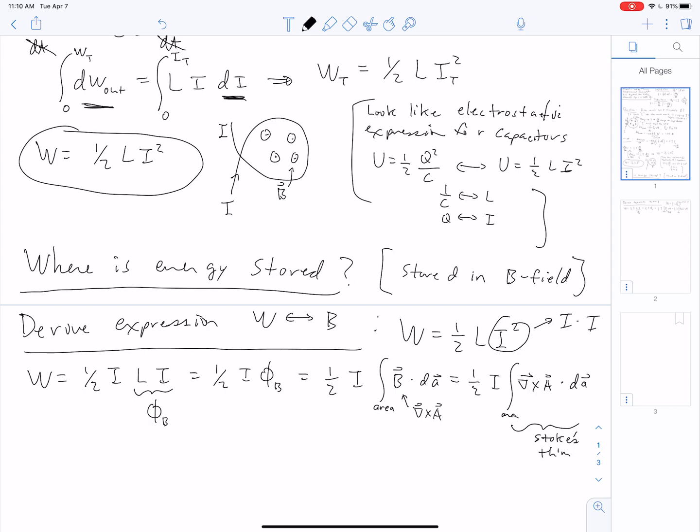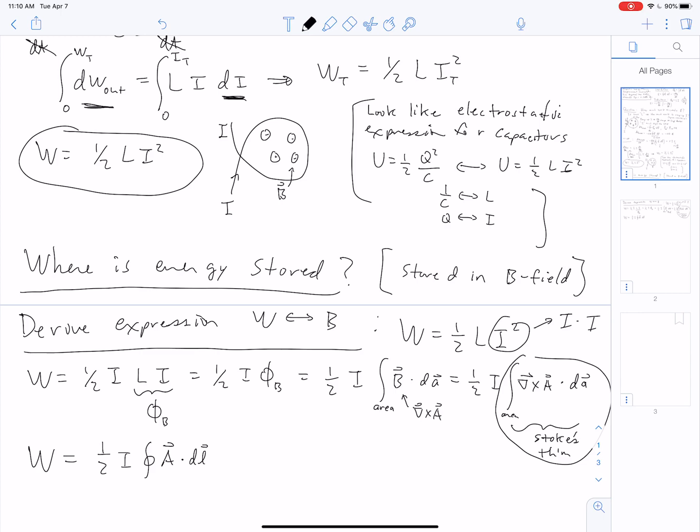So let's do Stokes' Theorem, and so that means then we can write the energy to ramp up the current in that inductor is going to be 1/2 I, and now I'll use Stokes' Theorem on this, and Stokes' Theorem on that is just going to give me the line integral of A dot dl. Now this is a line integral over the boundary of the loop.